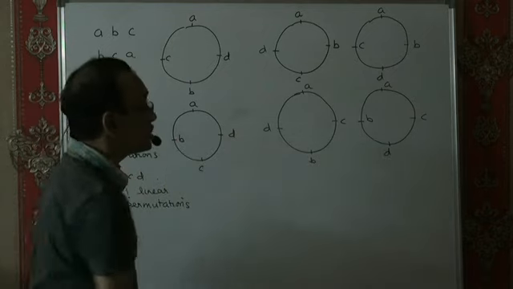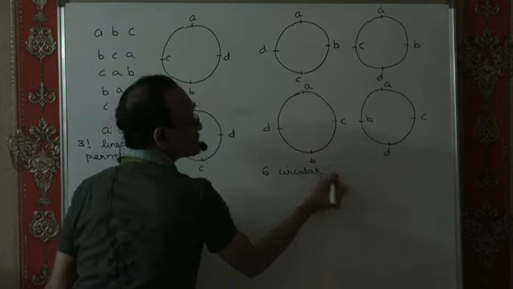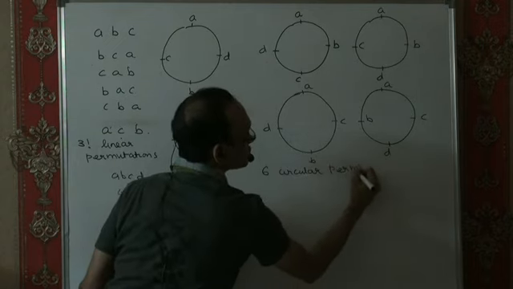How many are these? Realize that there are 6 circular permutations.